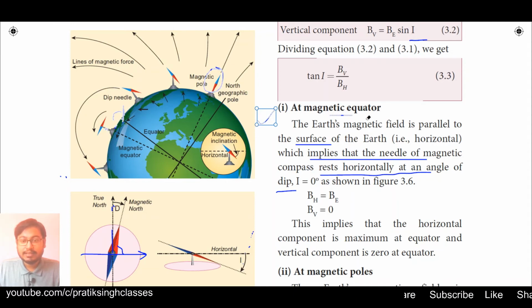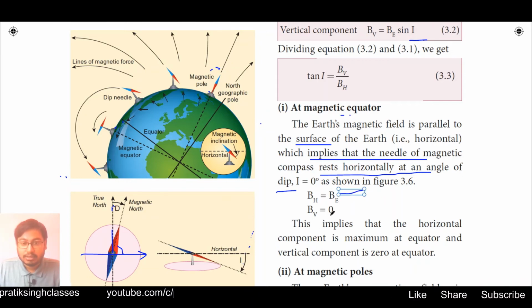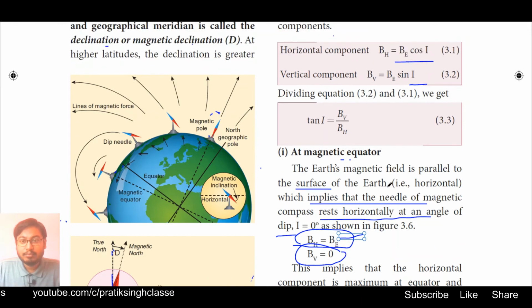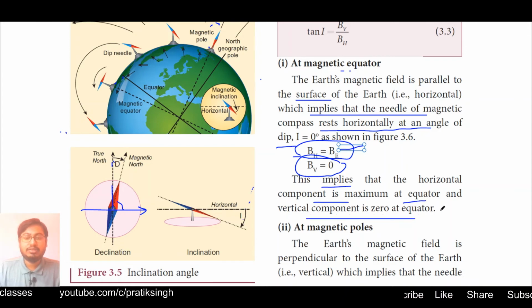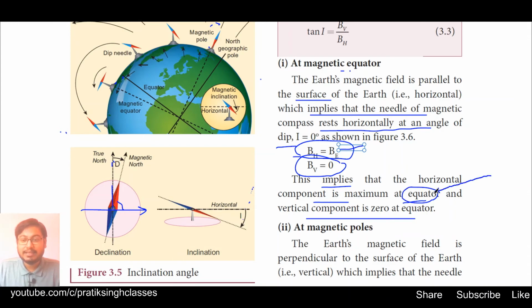So in that situation, the horizontal component is equal to the total magnetic field, and the vertical component is equal to 0, because the vertical component is equal to BE sin 0 degree, and sin 0 degree is equal to 0. This implies that the horizontal component is maximum at the equator and the vertical component is 0 at the equator. This equator is not the geographical equator, it is the magnetic equator.